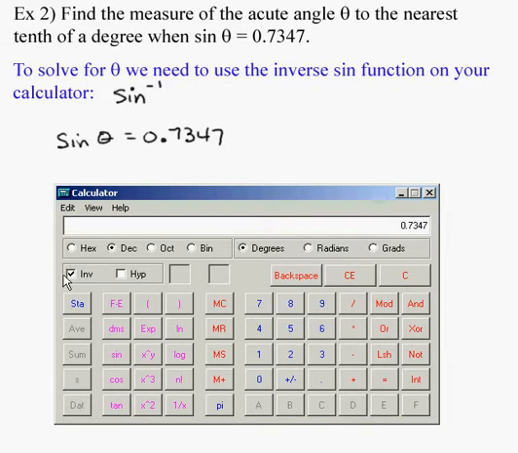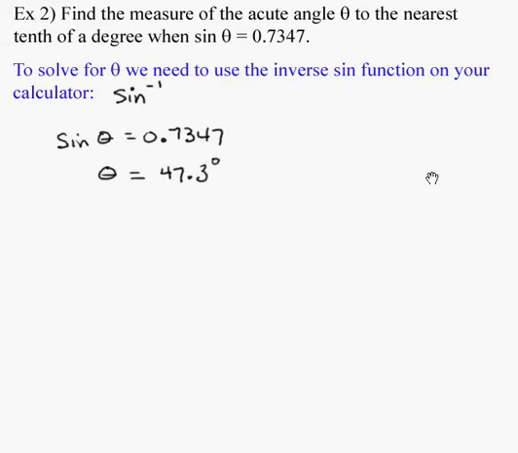So on the computer's calculator, the way I do it is to check off this inverse box, and now I press the sine, and I get 47.2818725. We're going to round that to 4 places. Actually, I guess we don't need to do that one in this particular case. Usually when we're finding angles, we go to 1 decimal place, or sides of a triangle, 1 decimal place.